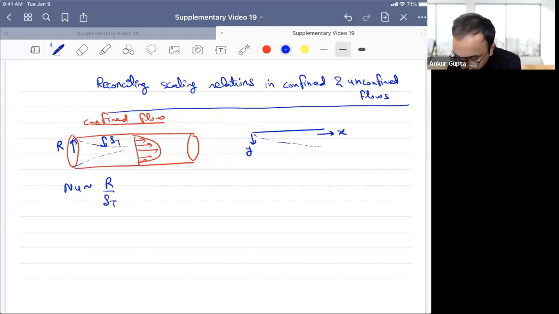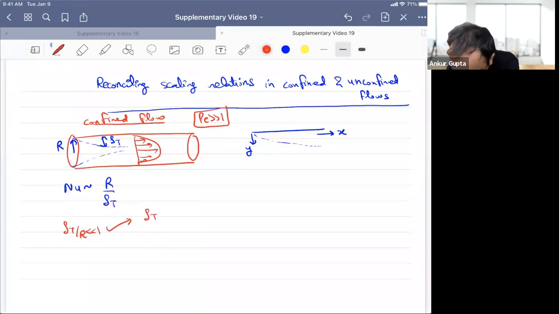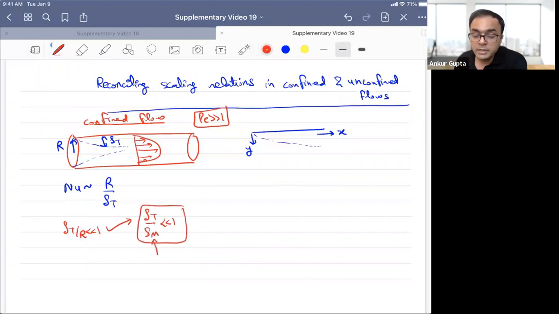Recall that whenever you want to estimate the velocity, one thing is delta T by R is much smaller than 1, because the Peclet number in this problem was given to be much greater than 1. If this is true, then the condition delta T by delta M is much smaller than 1 is satisfied, because the momentum boundary layer in this case is fully developed. So it's basically the system length scale, which is the radius.